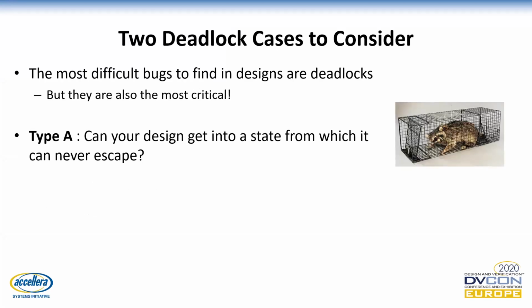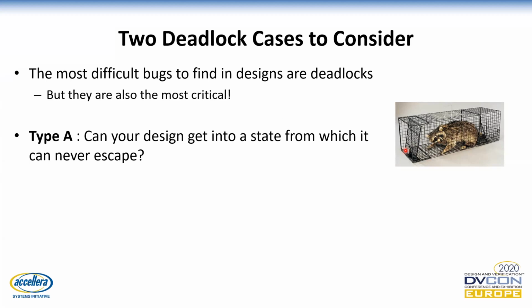Deadlocks are very critical and difficult to find. We distinguish two types of deadlock. Type A is the case when your design reaches a state and cannot leave the state anymore. It is like this icon here in this trap.